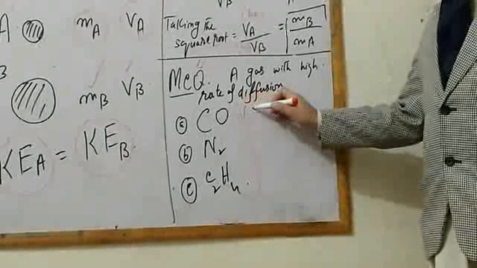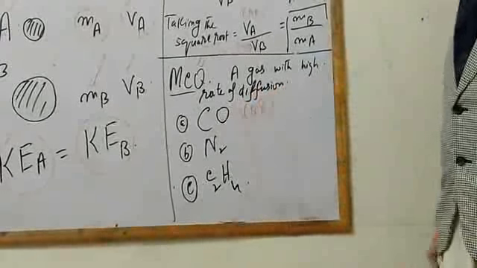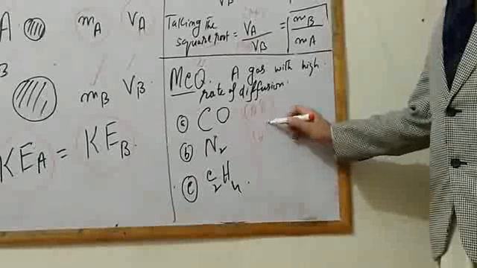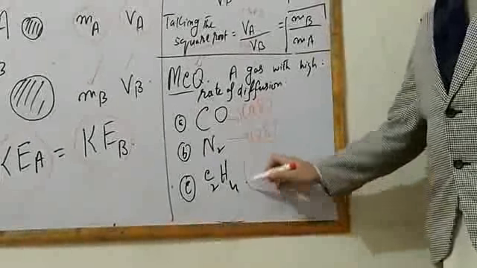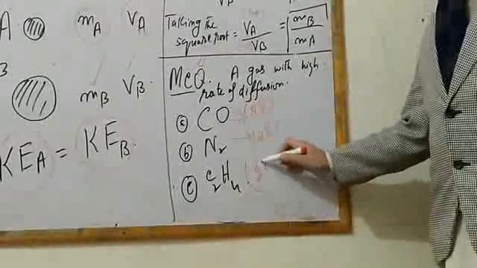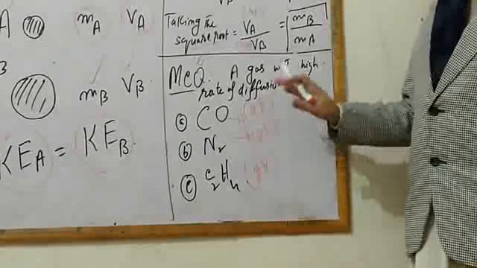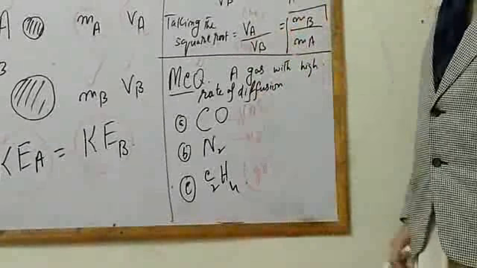So here the molecular mass is 28. 12 is carbon and 16 is oxygen. It is also 28. It is also 28 and it is also 28. So remember, while solving an MCQ, never pick the right choice. Remember, always eliminate the wrong ones.